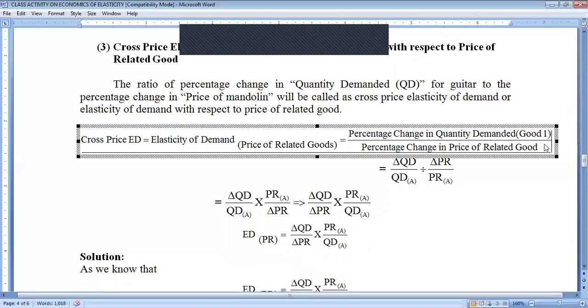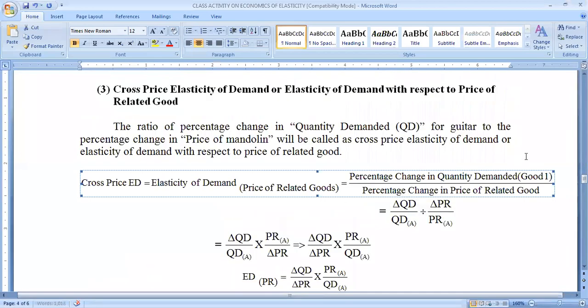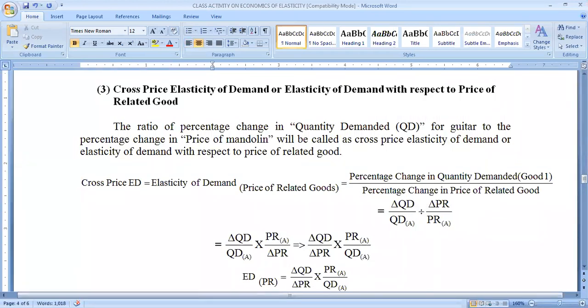It is quantity demanded for guitar, the first good, and percentage change in price of related good, like the price of the second good, right? For percentage change in quantity demanded, we can write delta QD over QD at point A, divided by percentage change in price of related good, which can be written as delta PR divided by PR at point A.